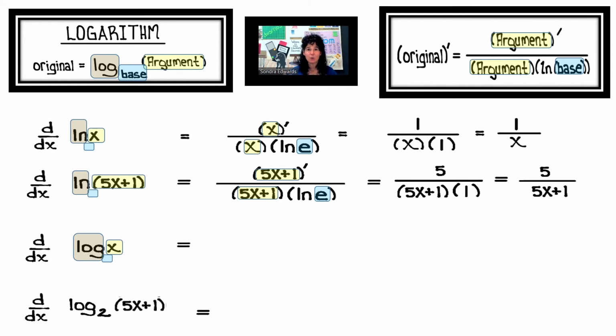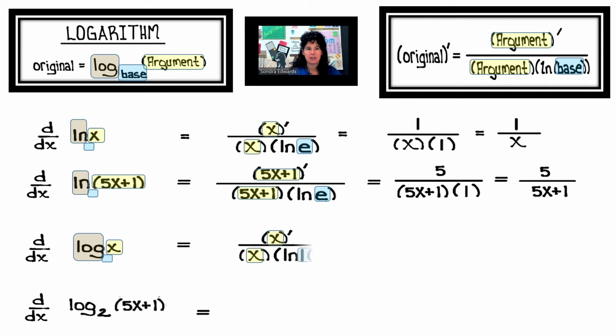It's kind of like when you have a square root of x. You don't see the little index number 2 when it's a square root. But if you want a cube root, a fourth root, and so on, then you've got to put in the little index of 3, 4, and so forth. Logarithms work kind of the same way. When you don't see the base, it's automatically 10.